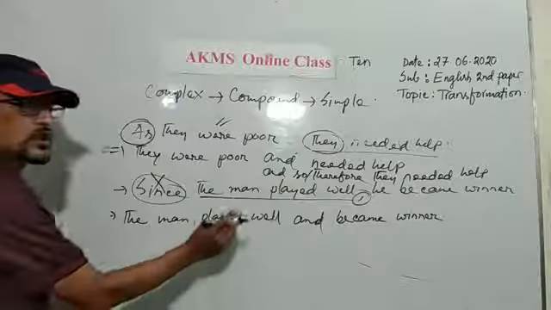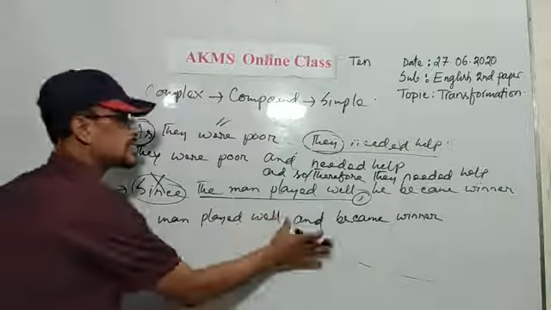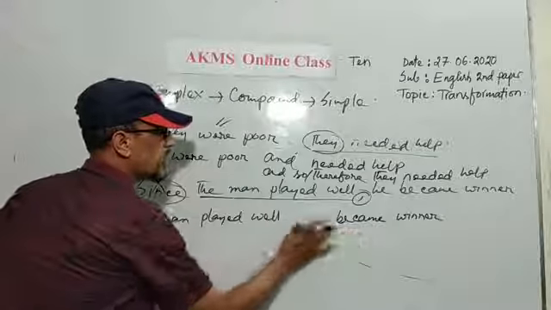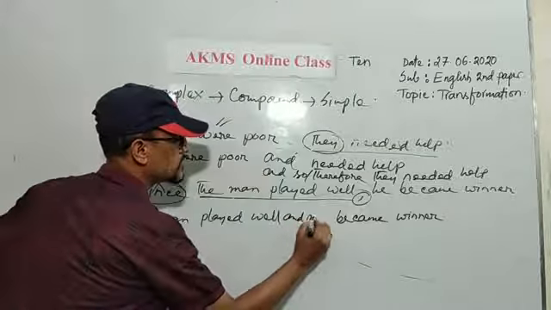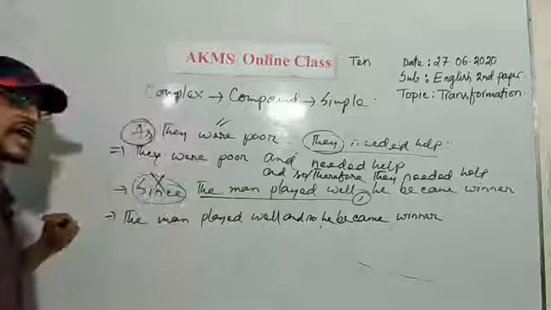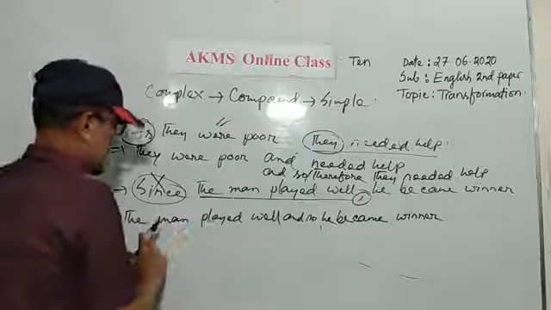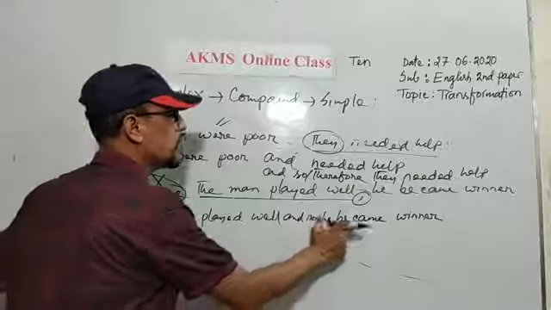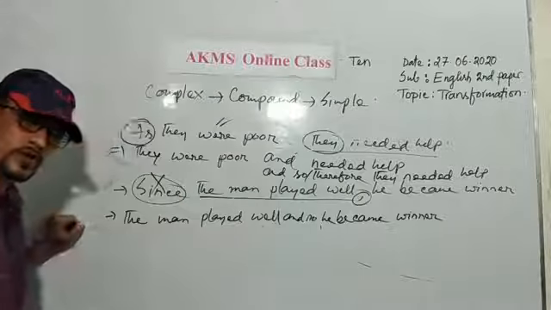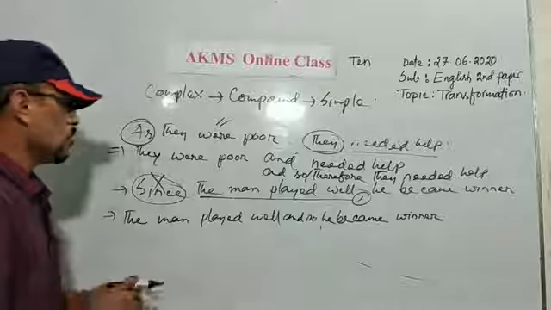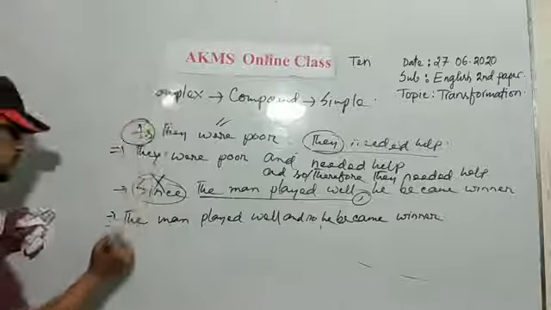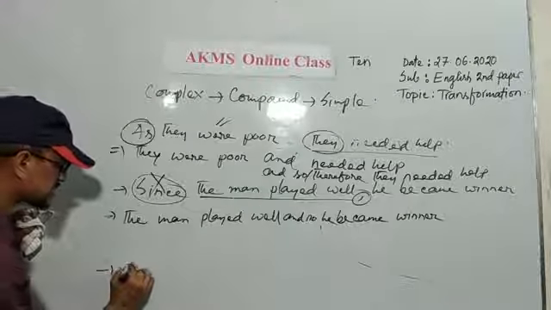But if you want to use the subject here, then you should use and so. If you use and so, then you should use he again. The man played well and so he became winner. Okay? Now, what was the structure of a complex sentence, dears?